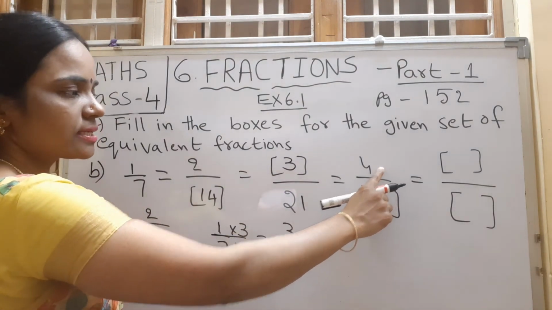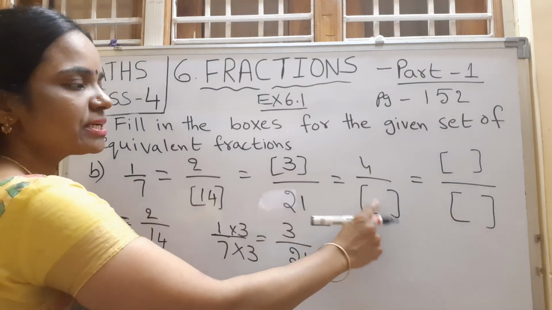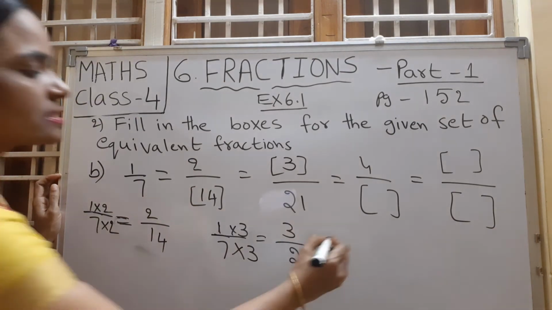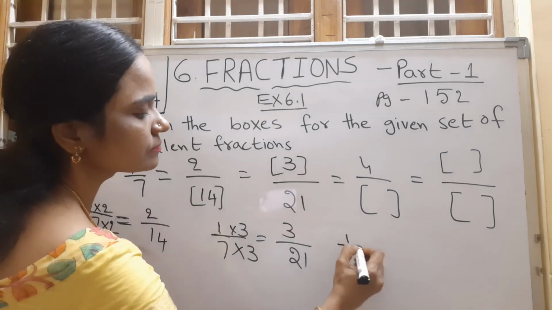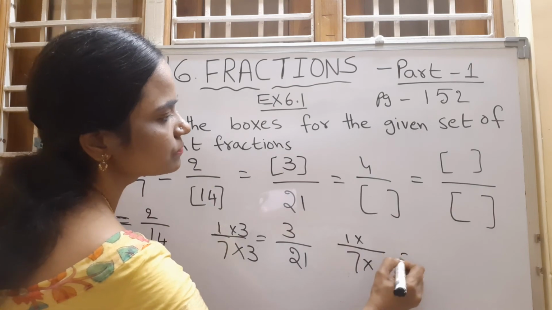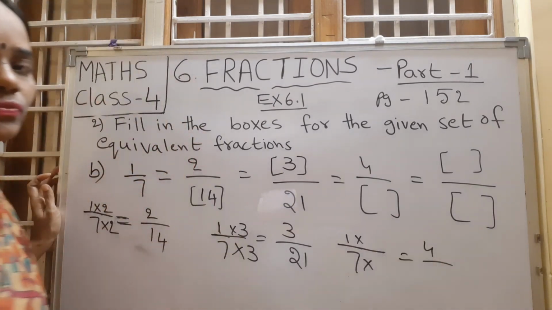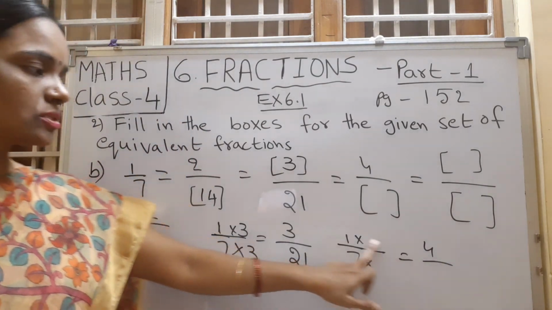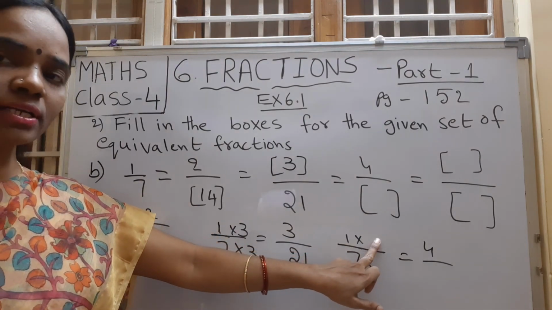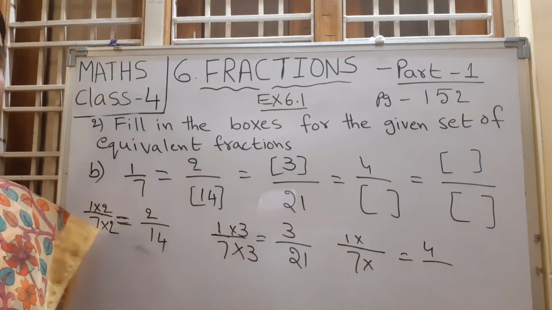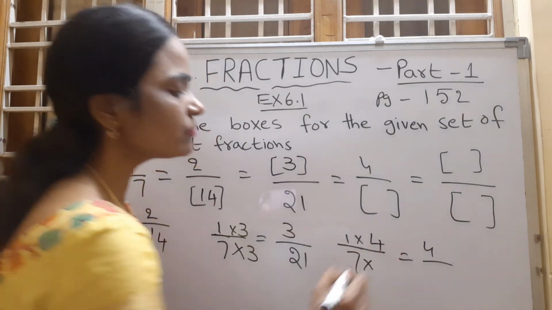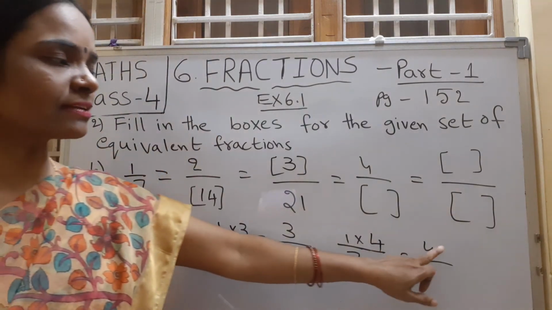Next fraction, numerator is 4, denominator we have to find out. So what is the original fraction here? 1 by 7. Here numerator is given 4, we have to find out the denominator. So 1 should be multiplied by what number to get 4, children? Very good. 1 should be multiplied by 4. Yes, 1 4s are 4.